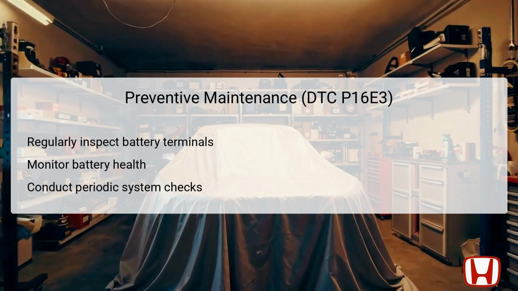Additionally, conducting routine checks of the vehicle's electrical system can preemptively identify potential faults in the wiring and sensors. By staying proactive with these maintenance measures, you're less likely to experience unforeseen battery sensor communication issues, which can lead to inconvenient vehicle performance problems.